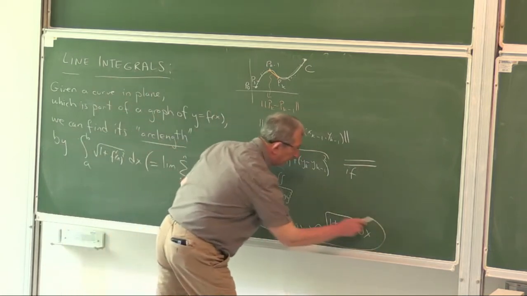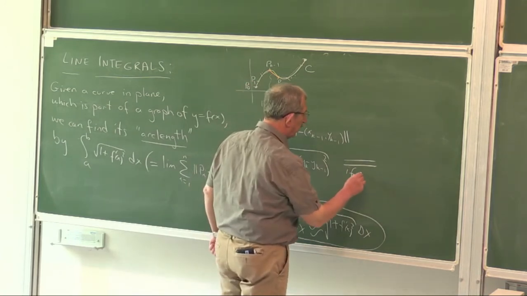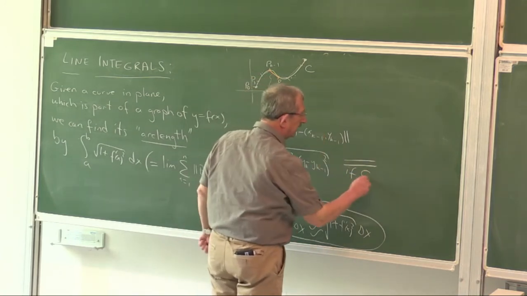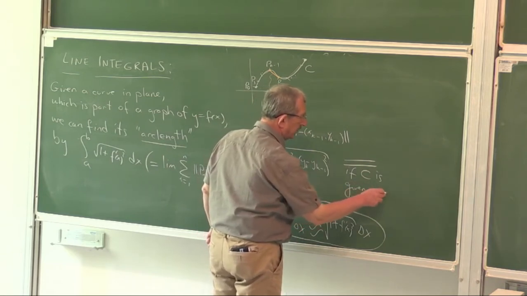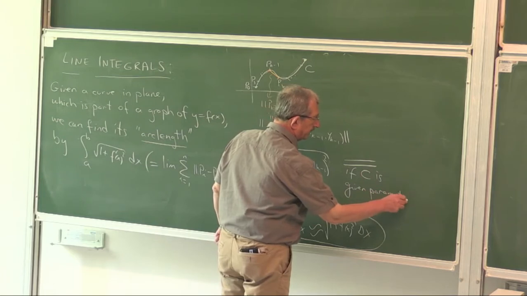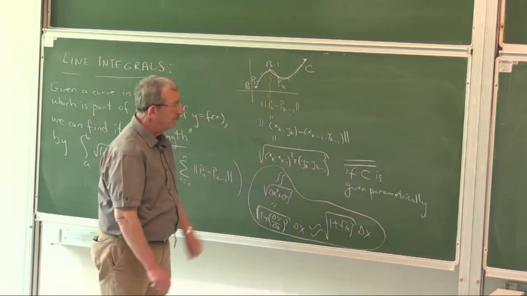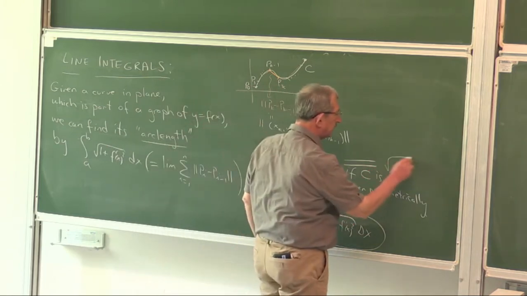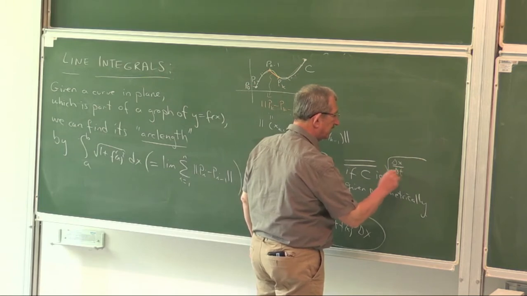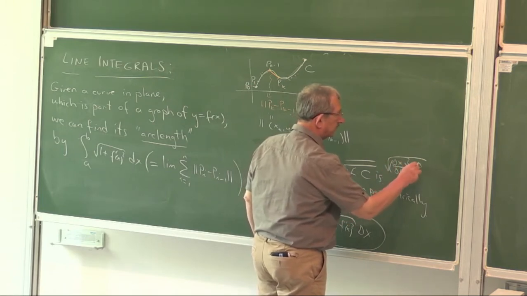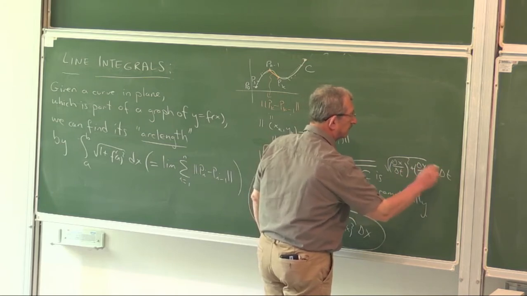If C is given parametrically, then this term would be something like (delta x over delta t) squared plus (delta y over delta t) squared, times delta t.